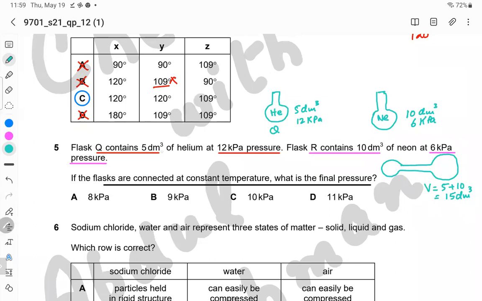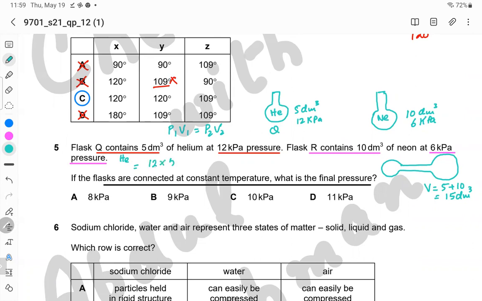Okay. Now, for this comparison, whenever they have given you a volume and pressure, and at constant temperature they are asking either the pressure or a volume, you can use the formula P1 V1 equals P2 V2. Now, if we talk about helium, our initial pressure will be 12, right?